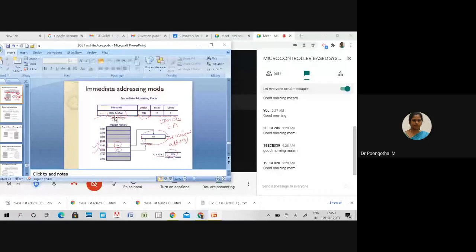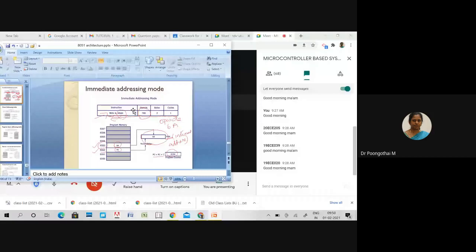If it is an 8-bit register, you can move 8-bit data. Suppose the destination is a 16-bit register, you can move a 16-bit immediate value. So before using this instruction, you have to check the destination register. Is that clear? Any doubts on the immediate addressing mode?